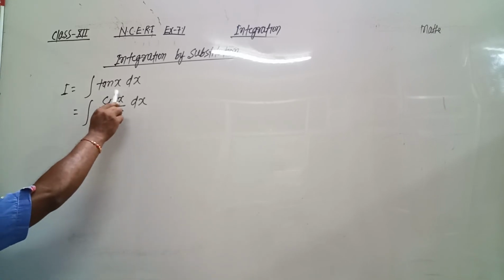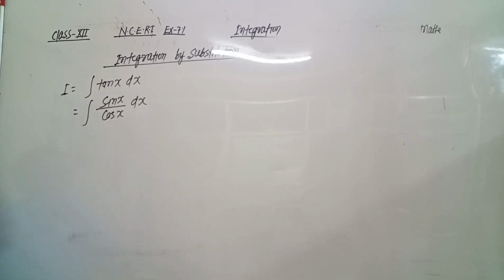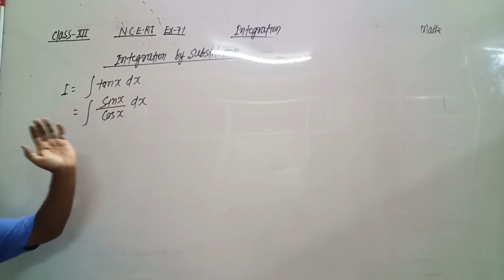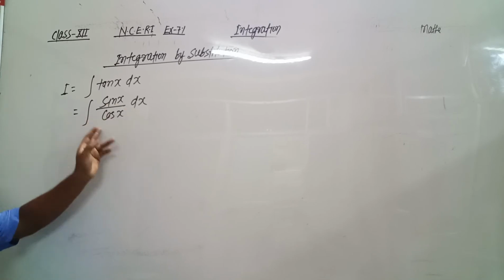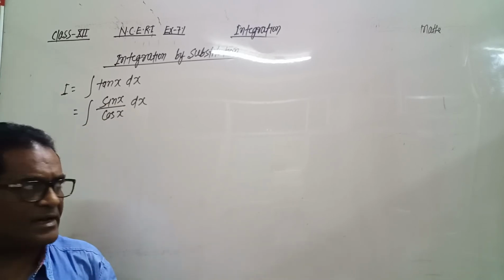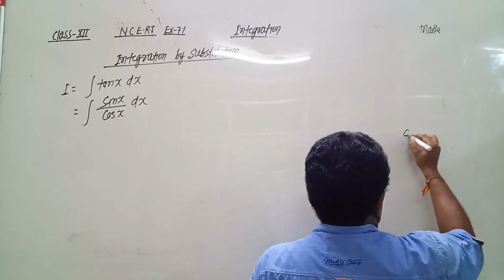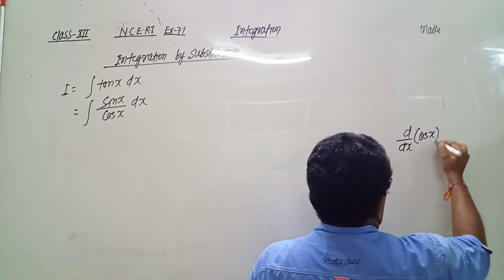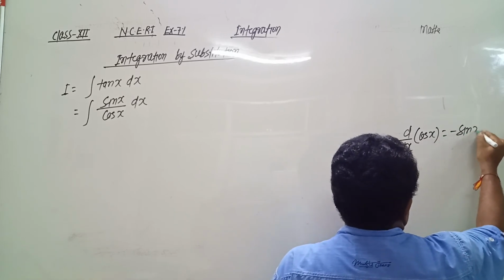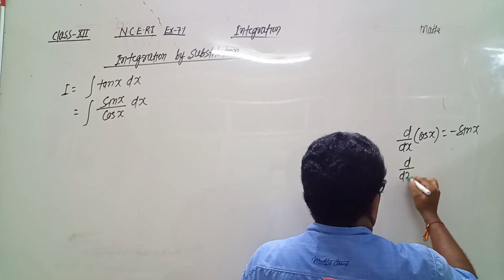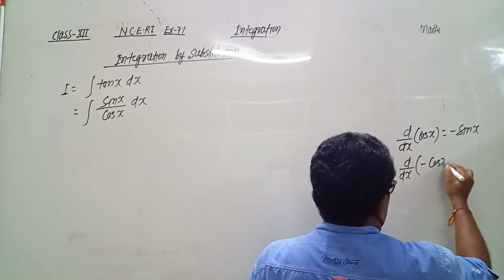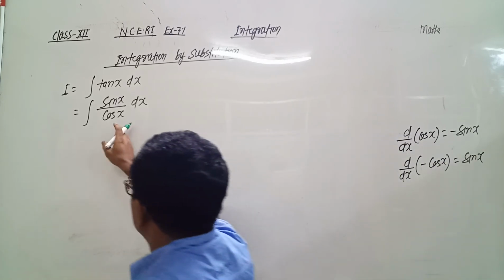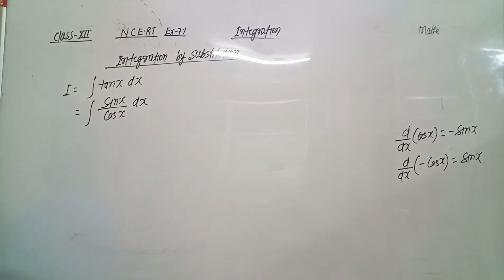Here sin x is the differential coefficient of cos x. We have to see whether the term of the numerator is the differential coefficient of the denominator. So we know that d by dx of cos x is equal to minus sin x and d by dx of minus cos x is equal to plus sin x. So cos x's differential coefficient is available.